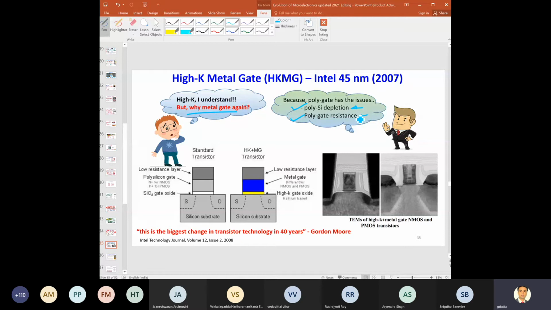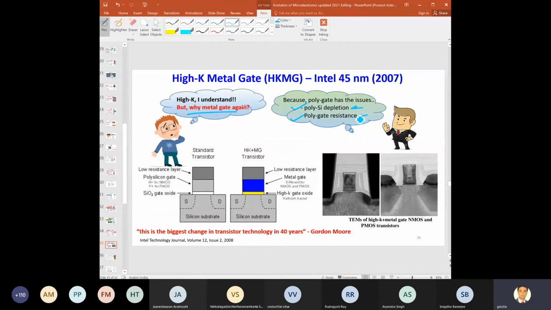But even if you dope it very heavily, you cannot make the conductivity of the doped polysilicon very close to that of metal. So you have high resistance. The resistance of the polysilicon gate will always be higher compared to the metal gate, and the other one is the polysilicon depletion.